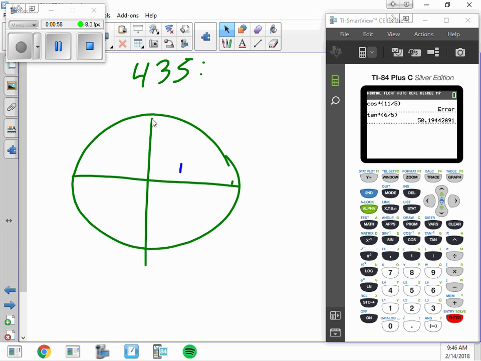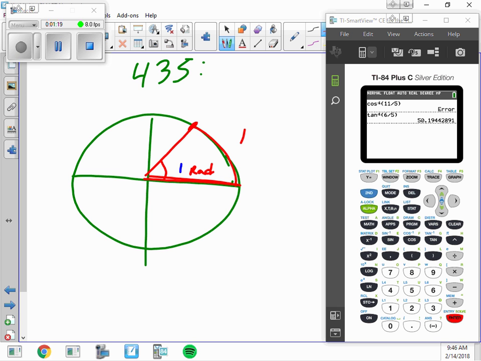So basically, you measure this with your flexible fabric tape measure, and then you wrap it around the circle until you get to 1, whatever that 1 is, right? And then this angle right here is called 1 radian.